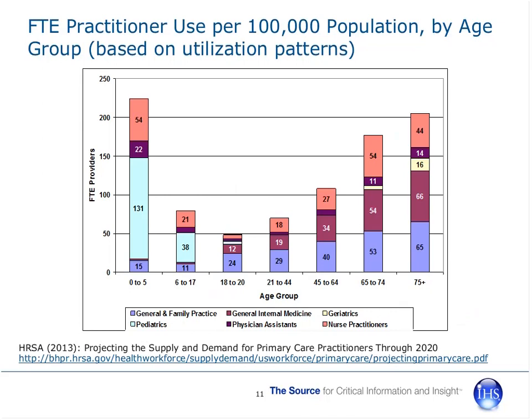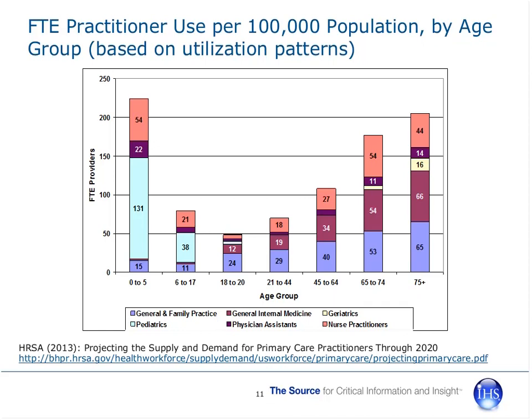You can see the bulk of those are pediatricians and nurse practitioners, with a few in the other primary care providers. Contrast that with the population age 18 to 20, where you need only about 50 full-time equivalent practitioners per 100,000 population, with the majority of those being general family practice and general internal medicine.